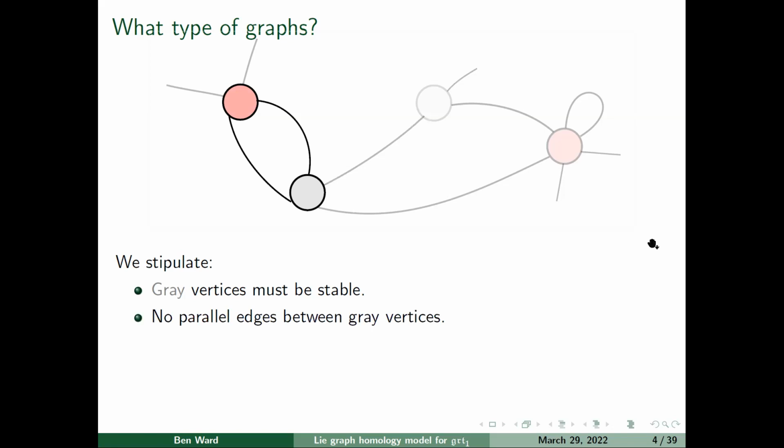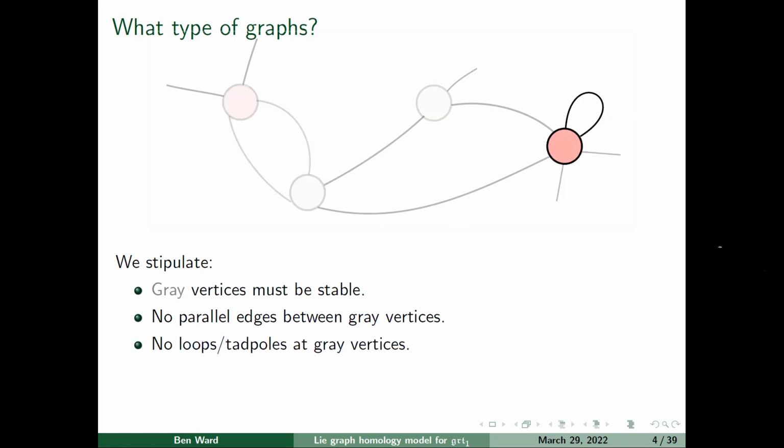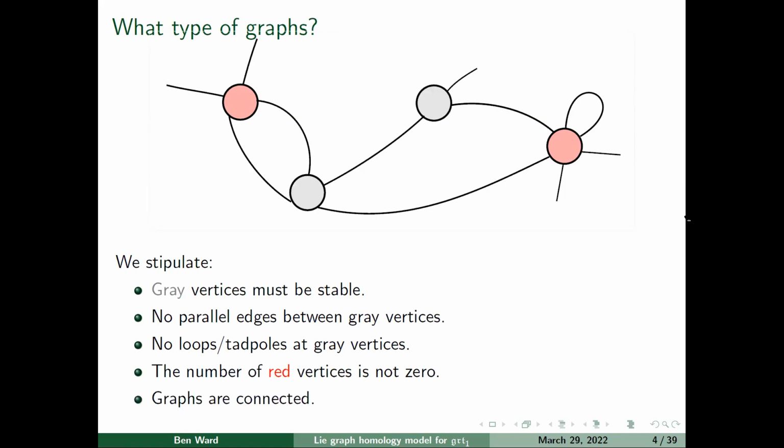So here I allow these parallel edges because one of the adjacent vertices isn't gray. And there's no loops or tadpoles at gray vertices either, but we allow tadpoles at red ones. And the number of red vertices is not 0. So the number of gray vertices could be 0, but red vertices have to be there. And finally, the graph should be connected. So this is the type of graph that we consider.